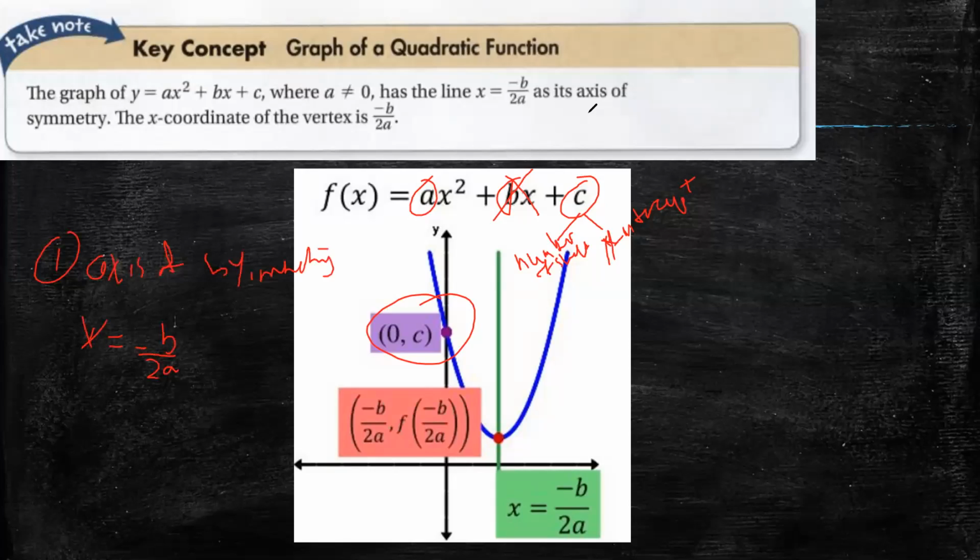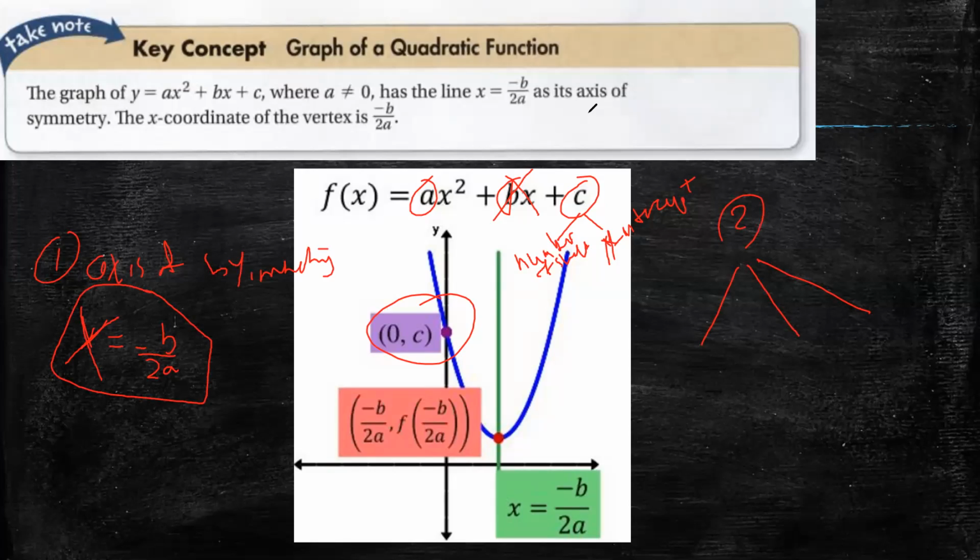I draw it. Then the second step: if I want to graph now, I need at least 3 points. Where do I bring these 3 points from? The first one, I will use the number that I found from x equals -b over 2a.